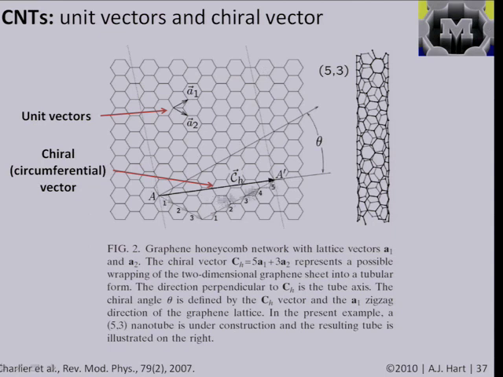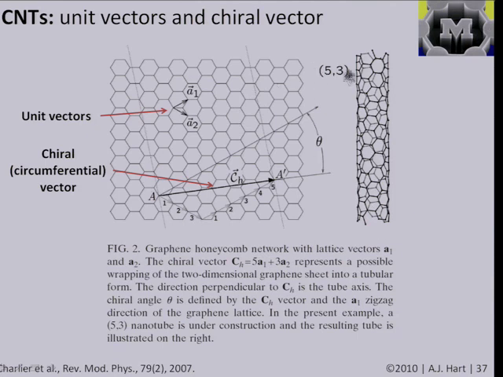And then I can say that this circumferential vector, C sub h, is equal to an integer n multiplied by a1 and m multiplied by a2. And these numbers, n and m, are what are called the chiral indices of the nanotube. So if we look at how nanotubes are named, you'll see, for example, a 5,5 nanotube or a 3,5 nanotube, and that represents specifically and exactly how the hexagons are oriented with respect to the axis of the tube.